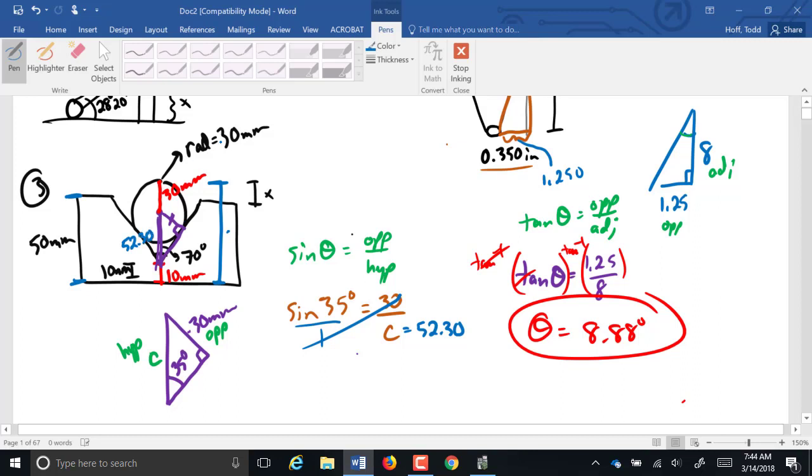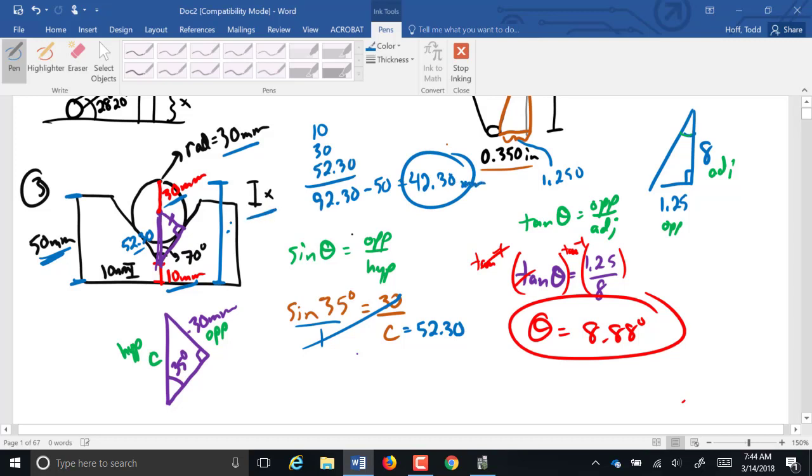So what that does, that gives us 10 plus 30 plus 52.30, which gives us 92.30. We subtract the 50 millimeters here, gives us 42.30 that sticks out. That's X. What do you think?